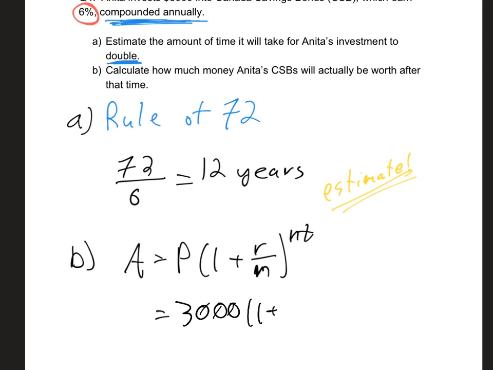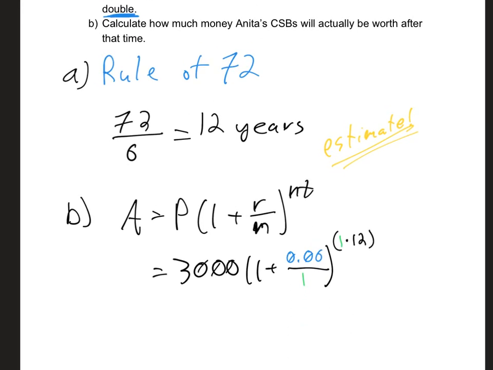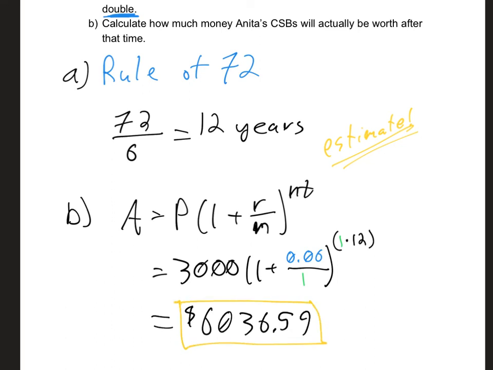For 6% interest, so 0.06, our N is 1 because this is compounded annually, and we estimated that this should double after 12 years. Does it double after 12 years? The actual value, $6,036.59. Pretty close. Only off by $36.